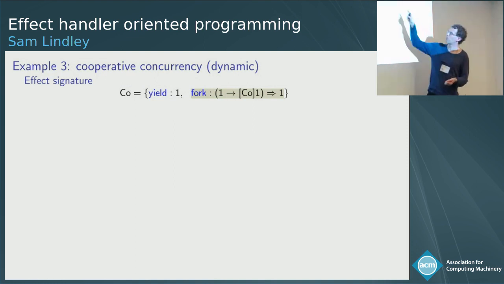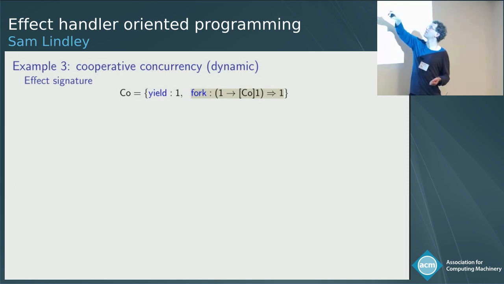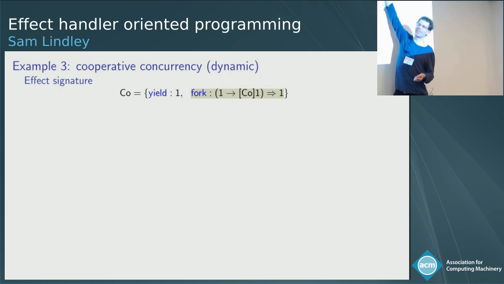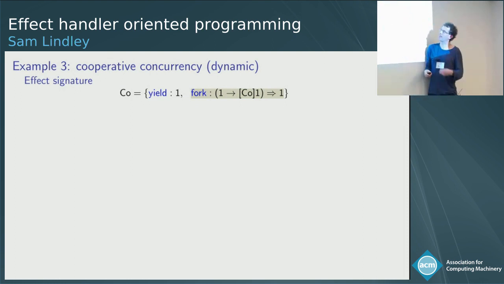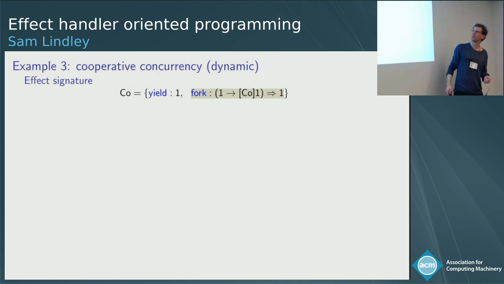So we now have a parameter passed into the operation. This thing here in the square brackets is crucial. That's an effect type, and it says that the body of that thread also needs to be able to fork and yield. So this is actually a recursive signature here.